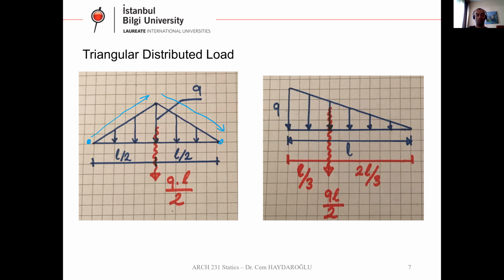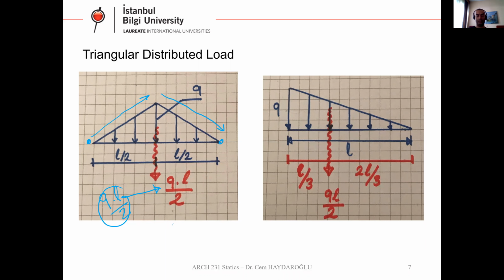What is it? The bottom length is total L, and the height is Q. So Q times L over 2 gives me the area of this triangle.